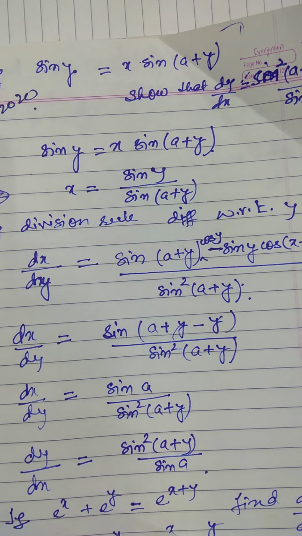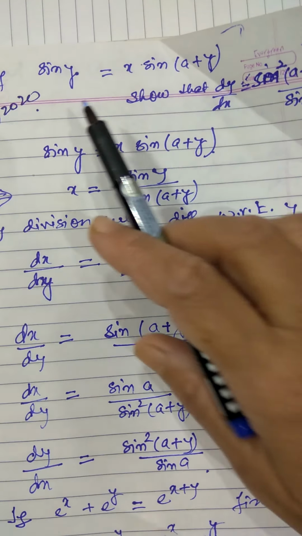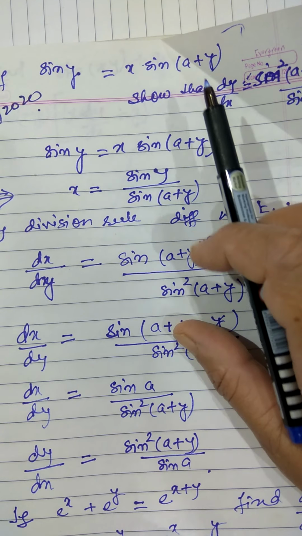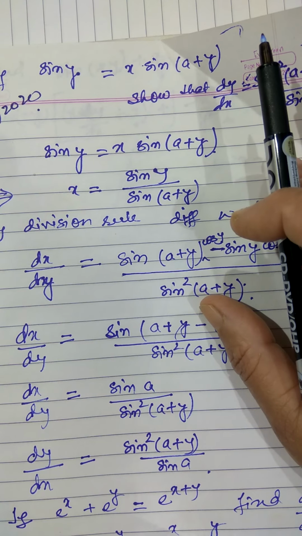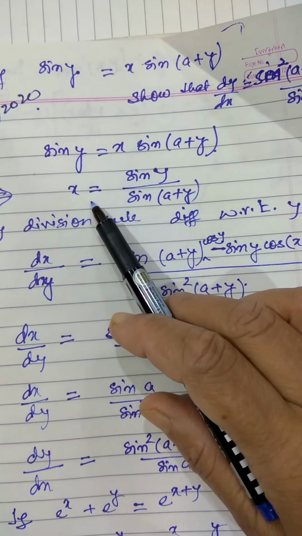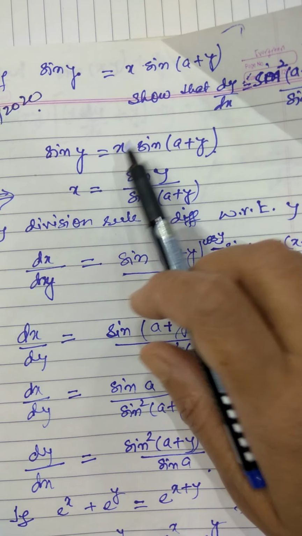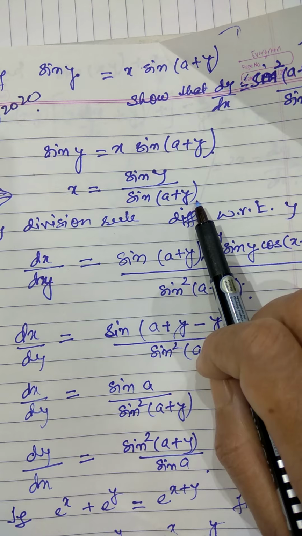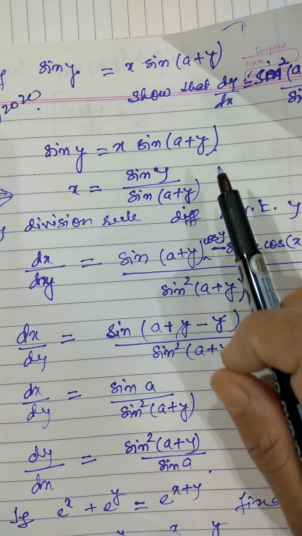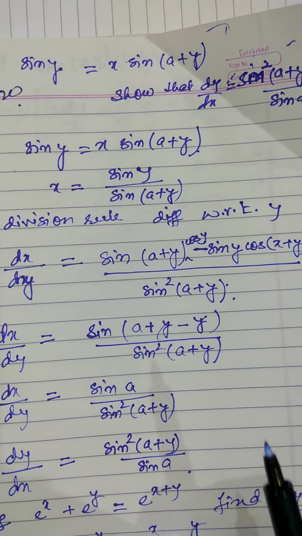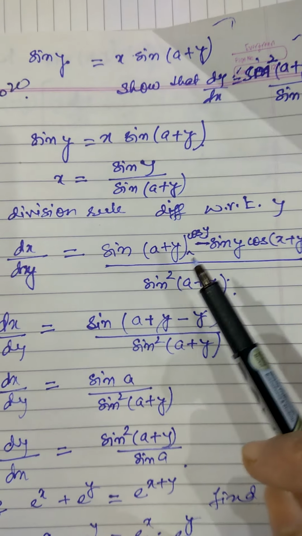So what we do, it is difficult, it will be complicated to differentiate directly. So we separate the variables. We find x = sin y / sin(a + y). Now using the division rule, we'll differentiate with respect to y.